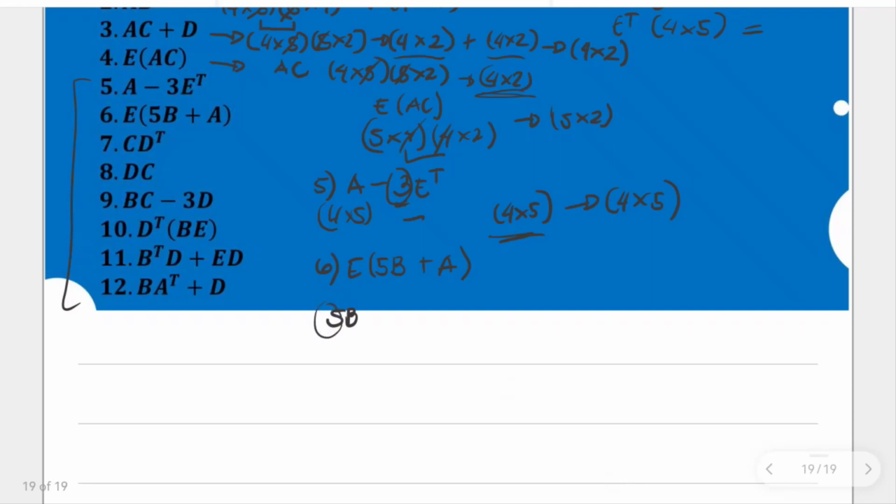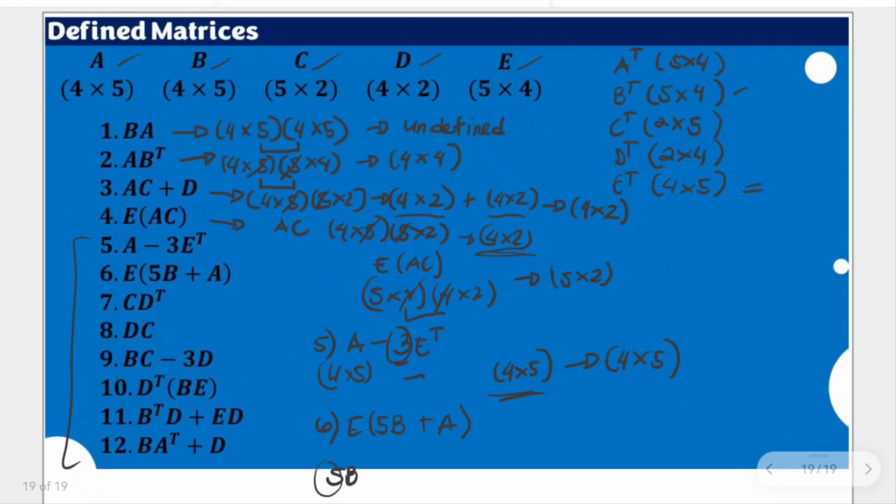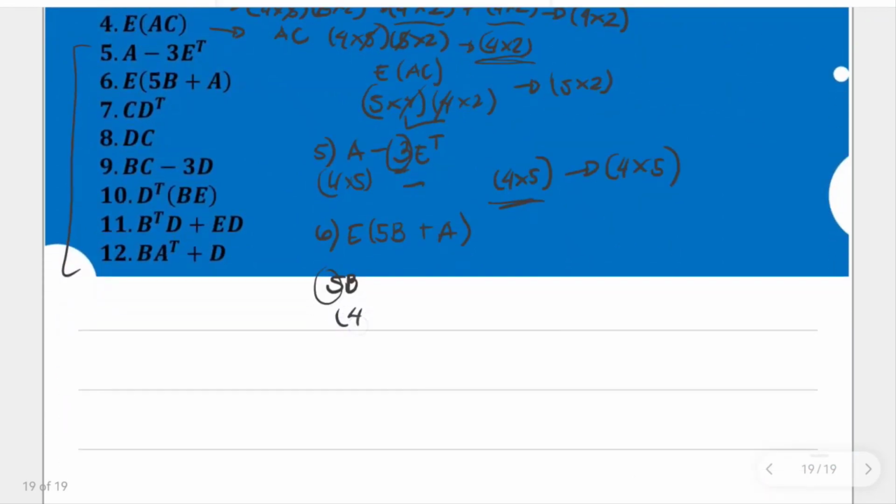Again, this is a scalar multiple, but let's just look at the size of B. That's 4 by 5. So it's a 4 by 5 matrix, plus your A, which is also a 4 by 5 matrix. In short, their sum is defined as a 4 by 5 matrix because, again, addition would need the same sizes.